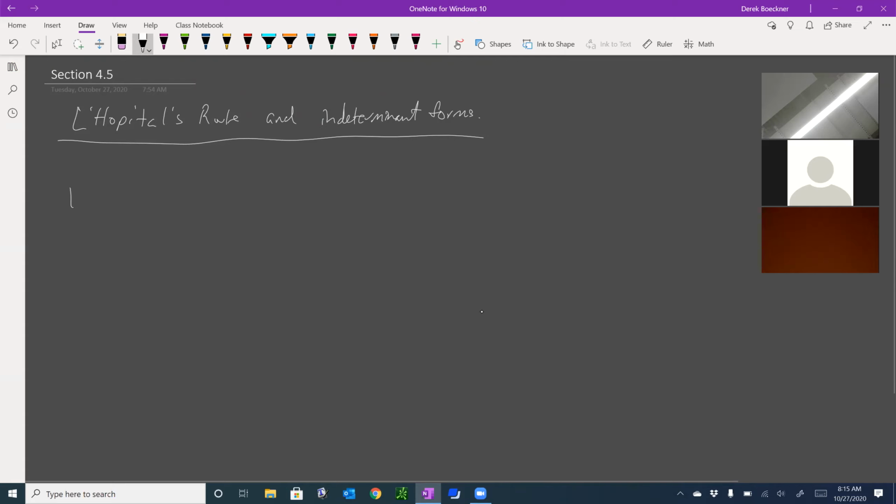So, limit review. A sub n is a sequence that goes to A, and B sub n is a sequence that goes to B. So I've got two sequences, and they converge to A and B respectively.